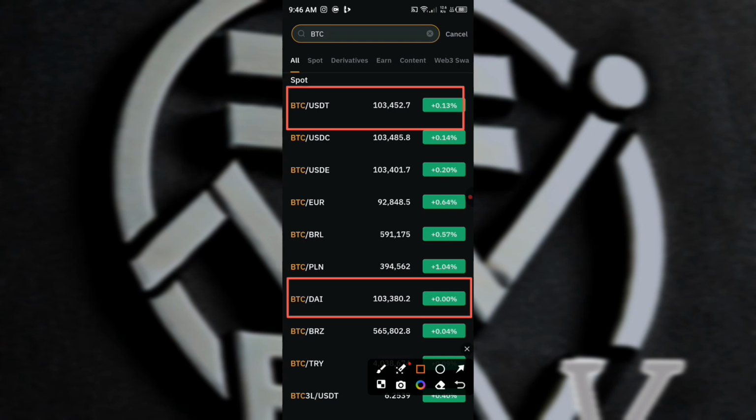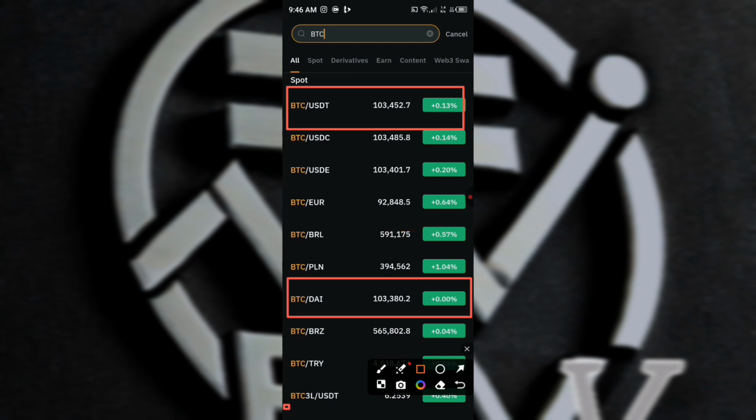So you can see that the BTC to USDT market is more expensive than the BTC to DAI market. You can gain profit from these two particular exchanges because one DAI is almost equal to one USDT.